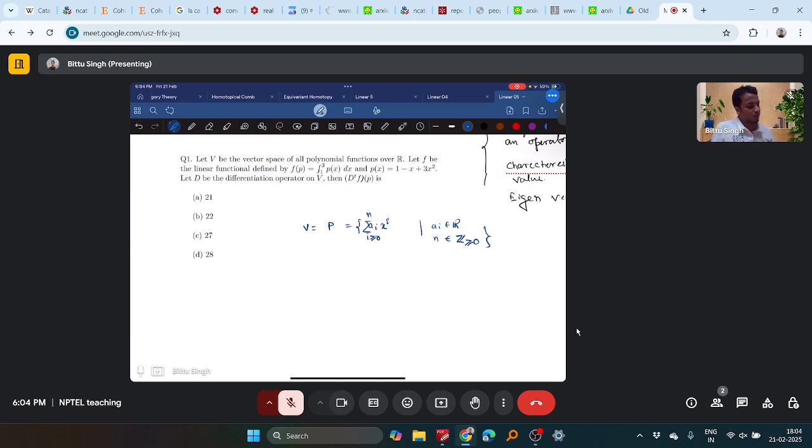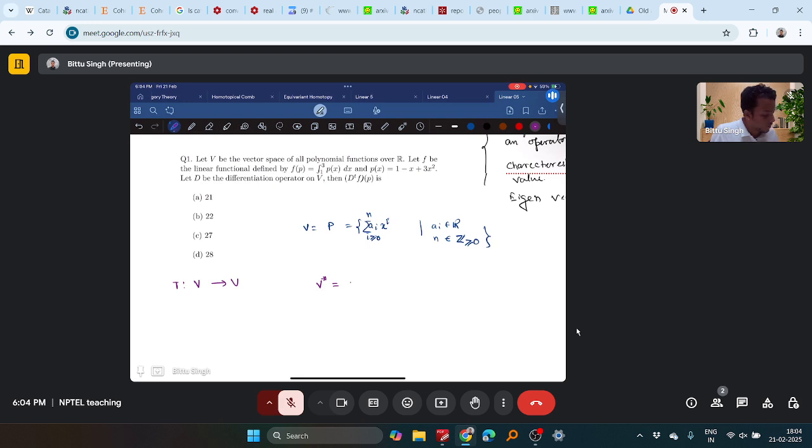So first let us see what is the meaning of transpose. Given any linear operator T from V to V, we can form a dual. What is the meaning of dual? It is denoted by V star.